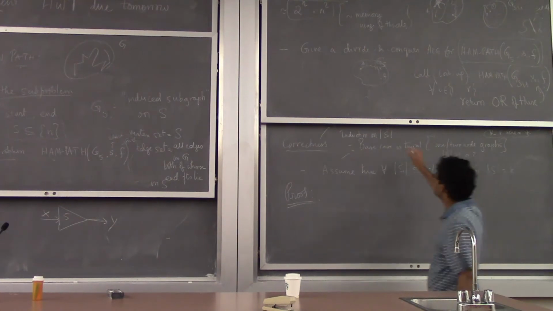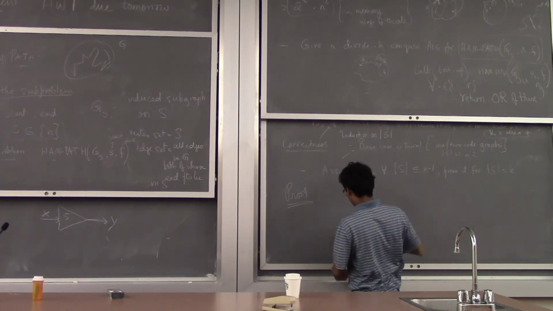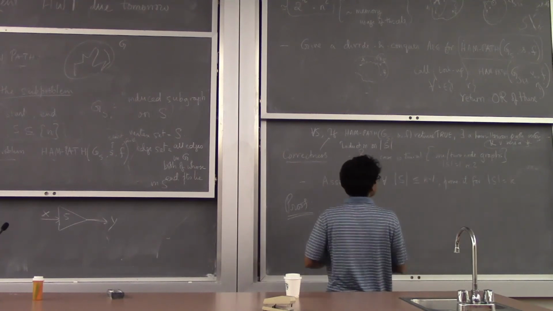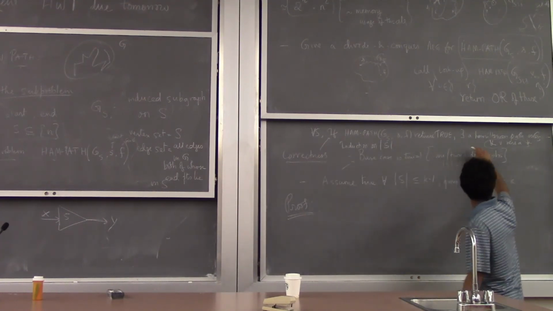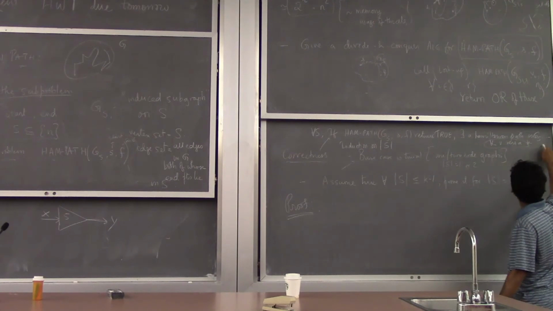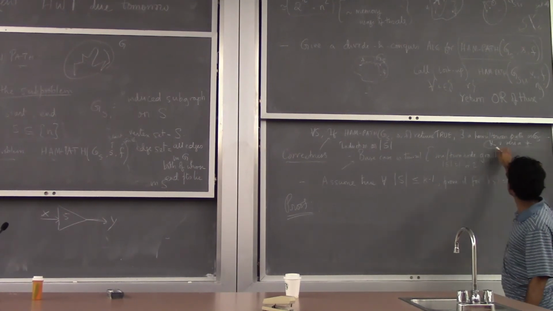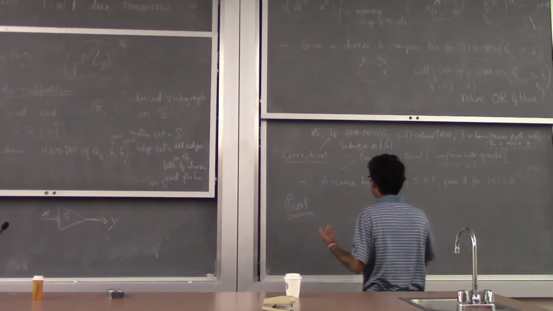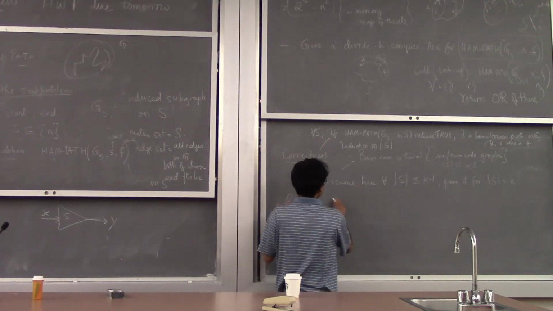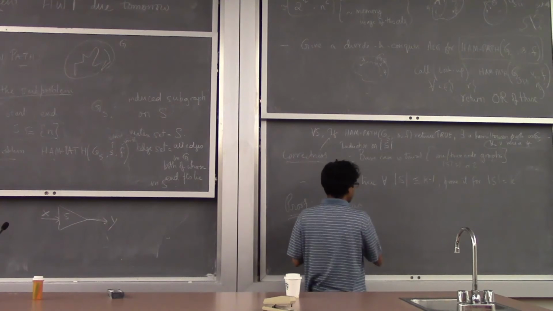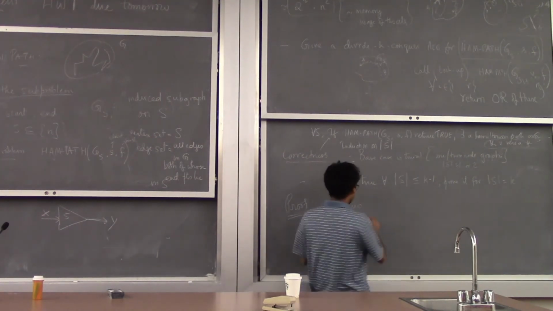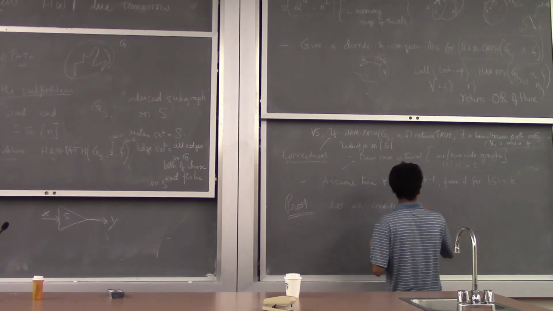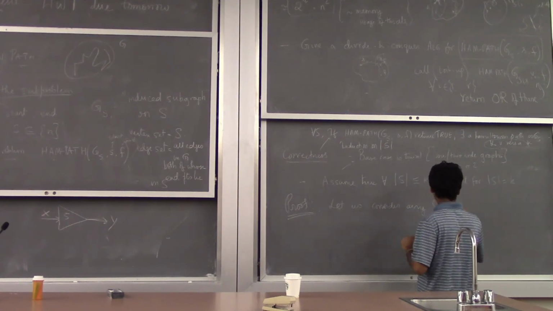Okay, so what you're saying is, if we look back at this statement that you want to prove, you're trying to prove the vice versa part, right? Let us consider any S of size k.